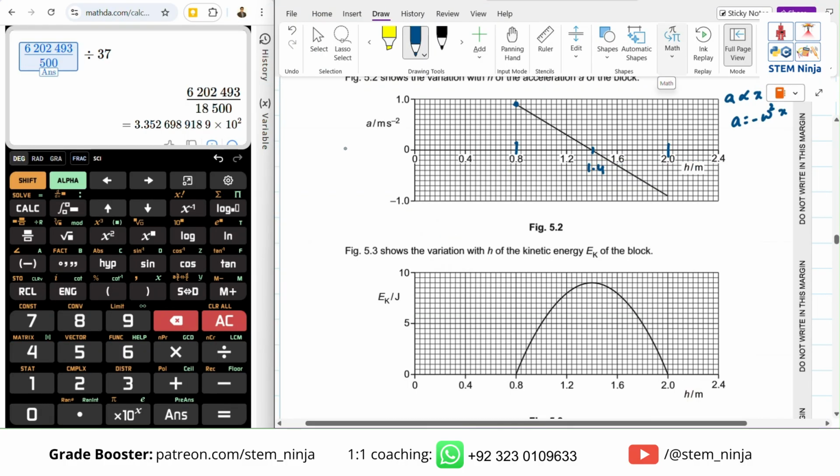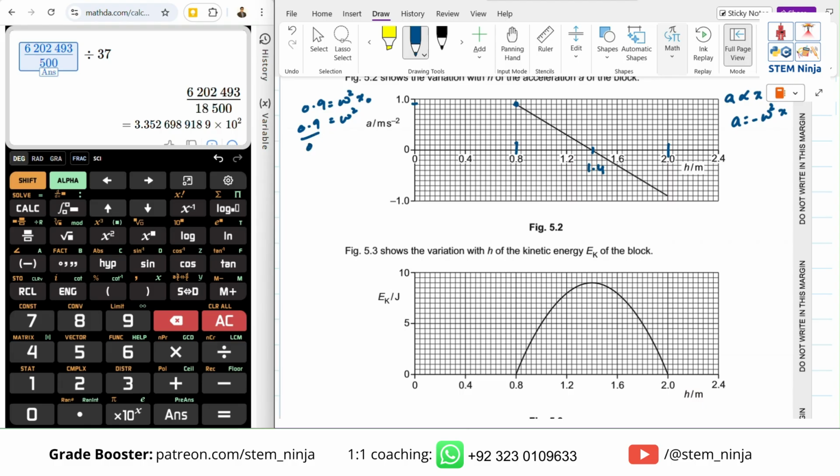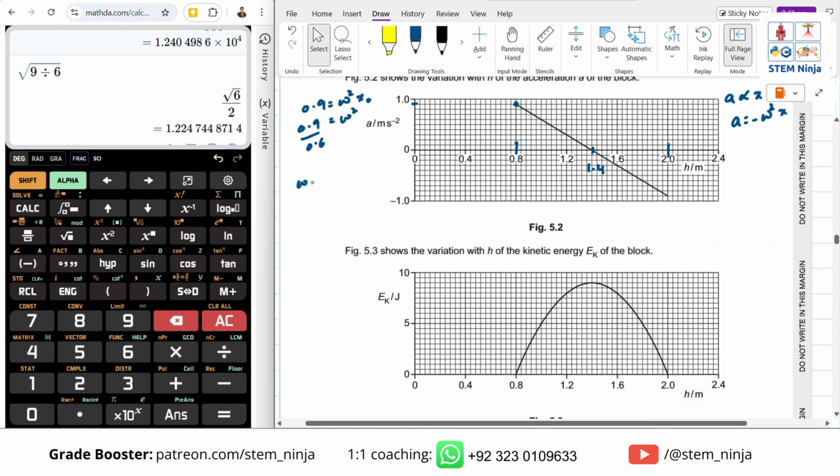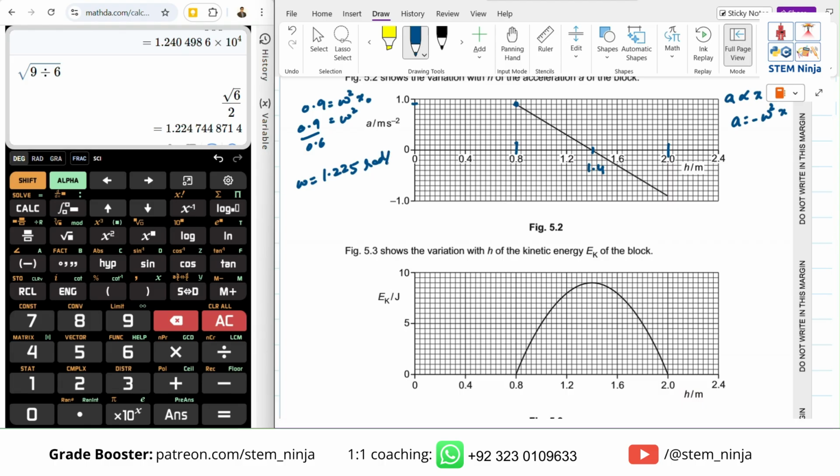First off, this is the highest value, which is going to be 0.9. So 0.9 is omega squared x naught. x naught is 0.6, not 0.8. So omega squared would be 0.9 over 0.6, that means 9 over 6. So omega is 1.225 radians per second.